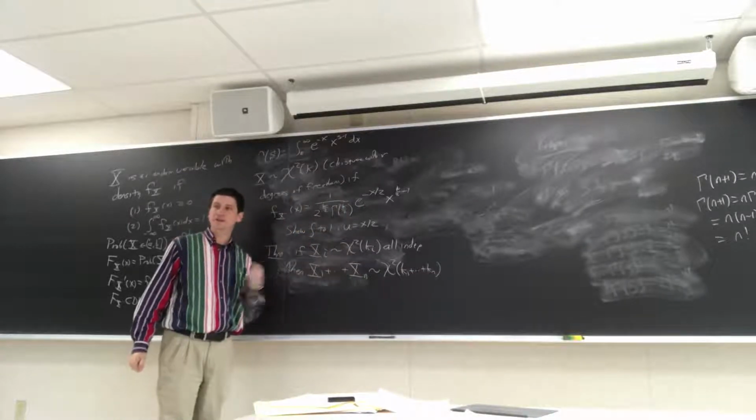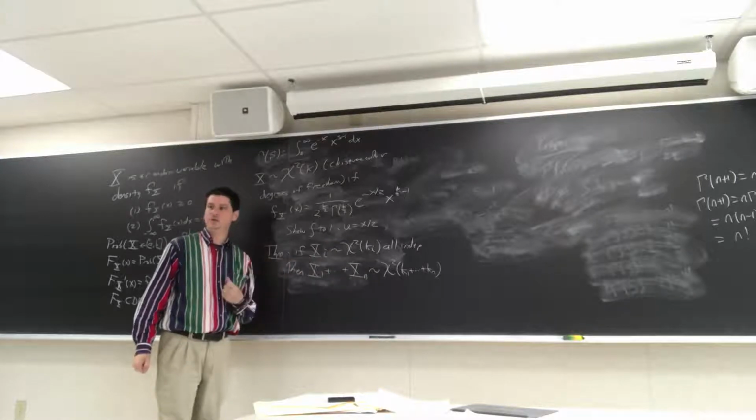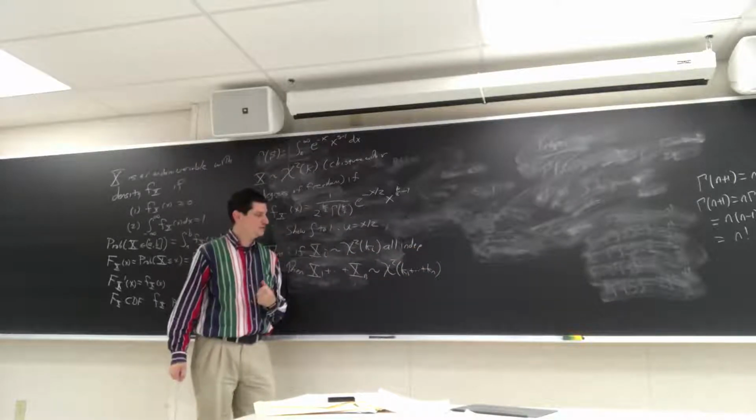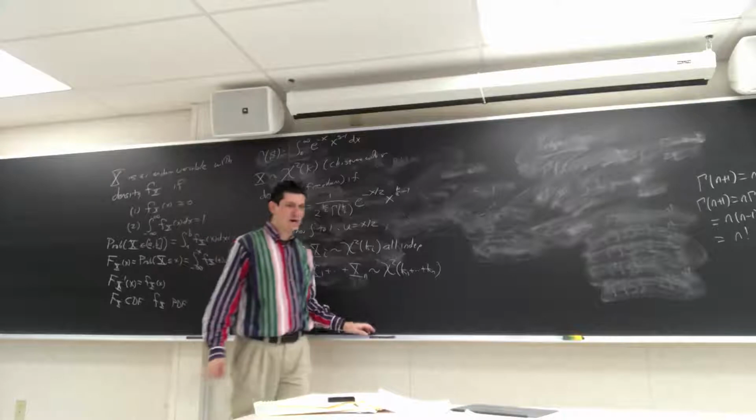So a sum of independent chi-squared random variables is a chi-squared random variable, and the number of parameters, the key factor, is just the sum. So I want to show you how you prove this.